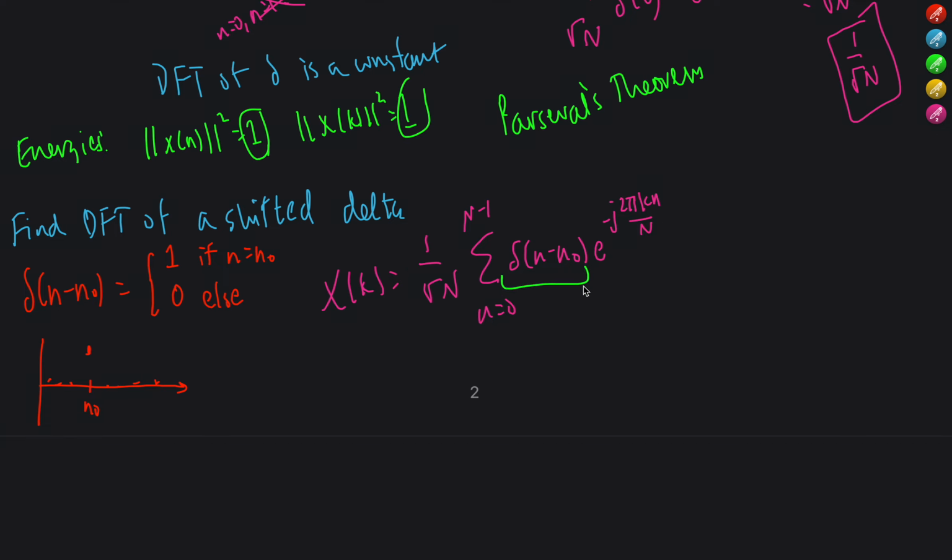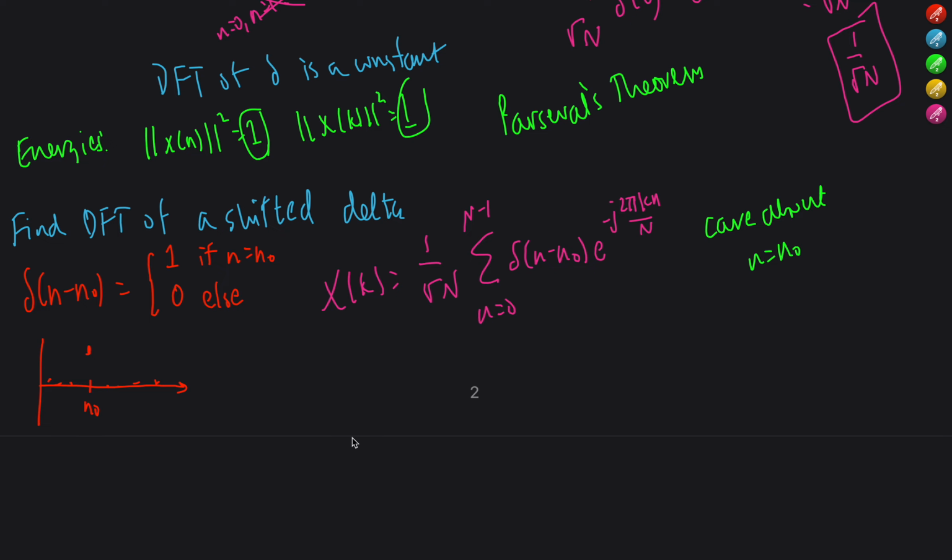We have a delta function, right? Once you see a delta function inside a sum, your life gets so much easier, because this goes from n equals 0, n equals 1, n equals 2, and we don't care about any of them. The only one we care about is where n equals n naught, because that's when this is going to evaluate to 1.